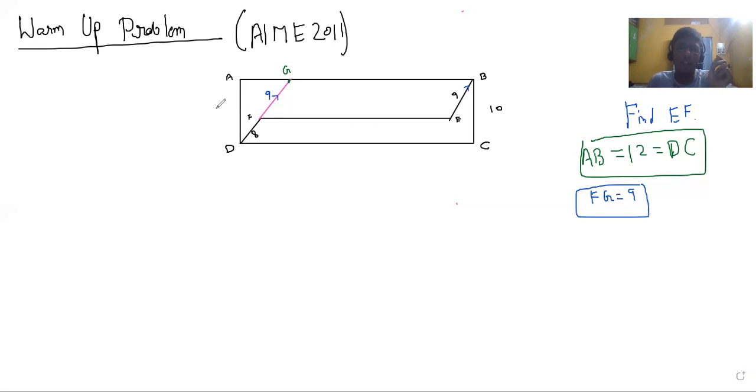Because AD is 10, what is AG? Something like 3 root 21, and then you can find BG, and the BG will be the same as here. And suddenly it becomes simple.